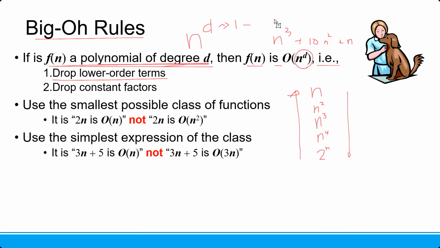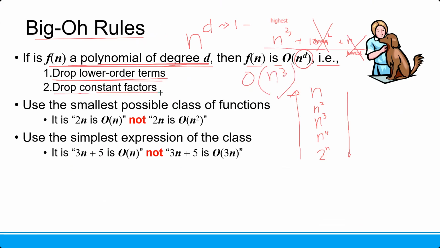Yes, this one is the highest, and this is the lowest. And this is also lower. We can say drop the lower order terms, so we can drop this one, and we can also drop this one. It means this function will be O(n power of 3) based on the big O rules.